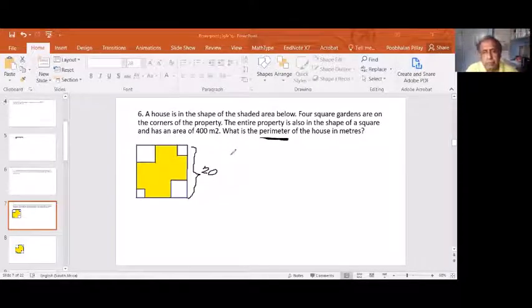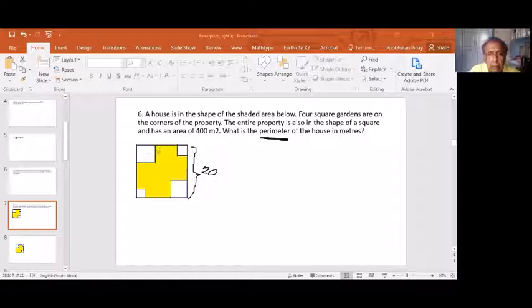All right. Now, this involves adding a lot. Perimeter means adding the boundary of the object in question. The house has got this as a boundary. It's a rather complex boundary, as you can see. There are lots of sides here, and we don't really know what each one of them is.